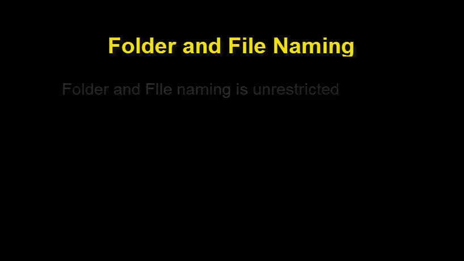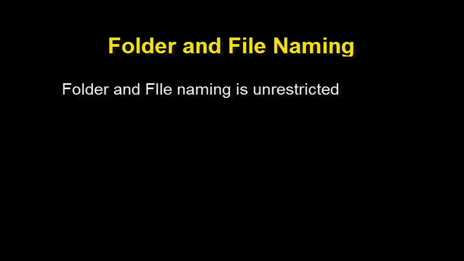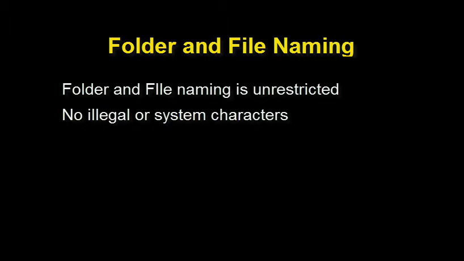Before we go further, let's review in more detail how folders and file names are normally generated. First, folder and file naming on your Cinedeck is virtually unrestricted. You can name your content however you prefer, and almost anything goes, except you cannot use special system characters such as the asterisk.